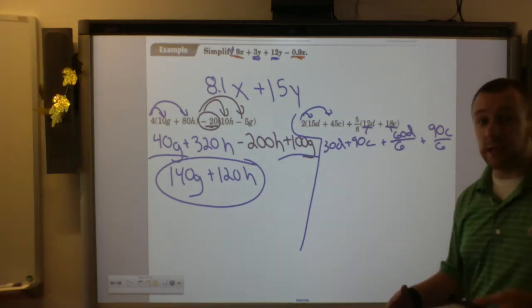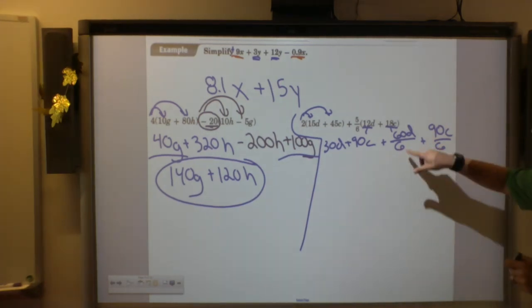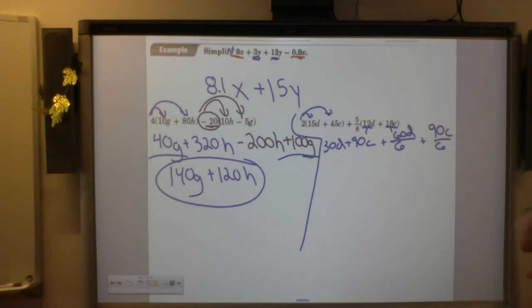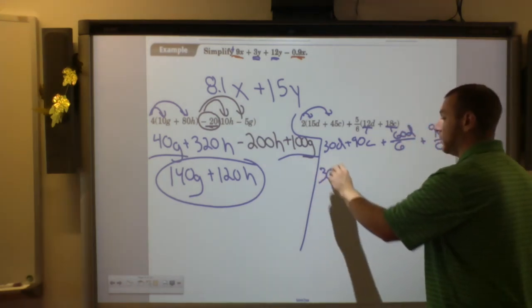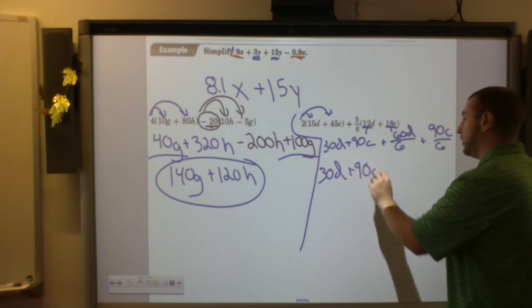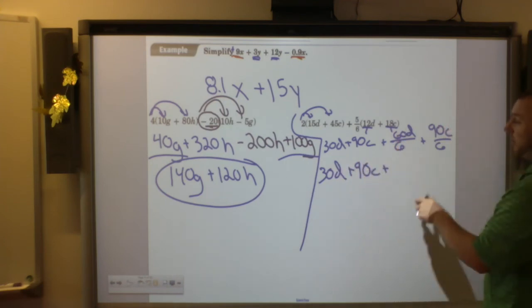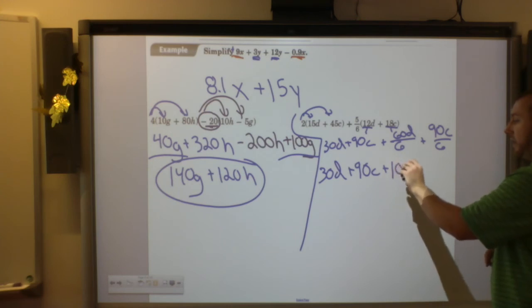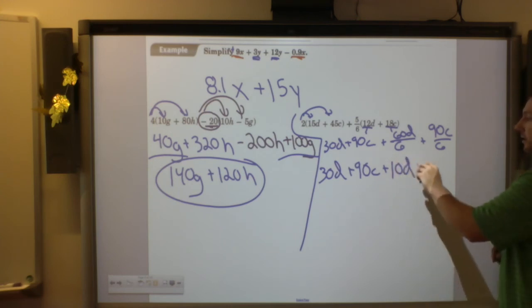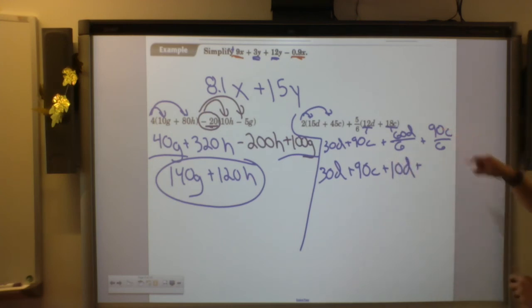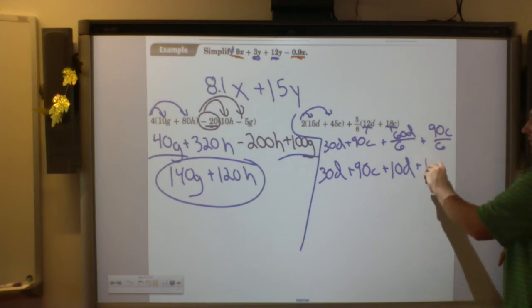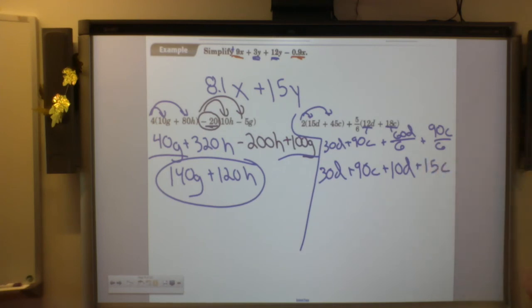So what I've just done is distributed the 5/6. Now I can simplify this down. You might notice that 60 divided by 6 is 10d. Plus 90 divided by 6 is 15c.